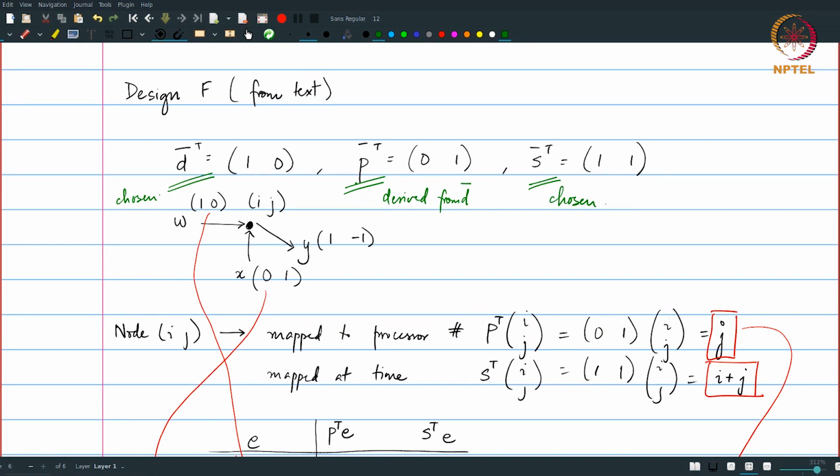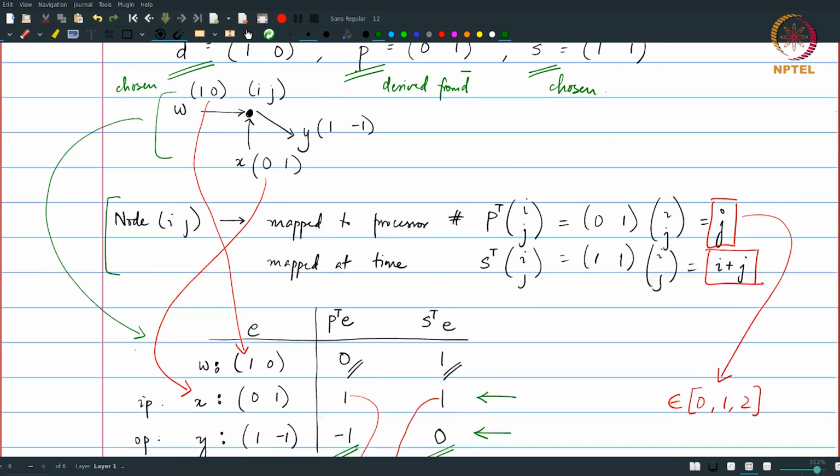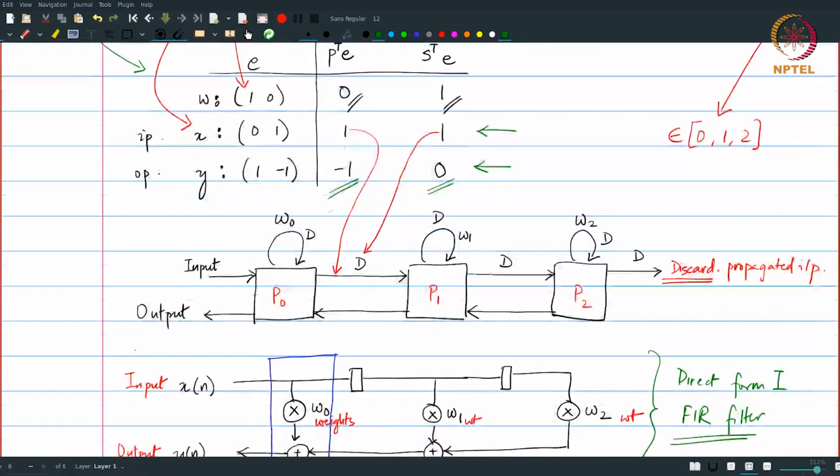Of course, we need to make sure that P transpose D and S transpose D both satisfy the properties that we require of them. We then looked at these two properties, which says that a given node is going to be mapped onto which processor and at what time. But more importantly, we need to look at these three edges in our dependence graph and see where they get mapped onto.